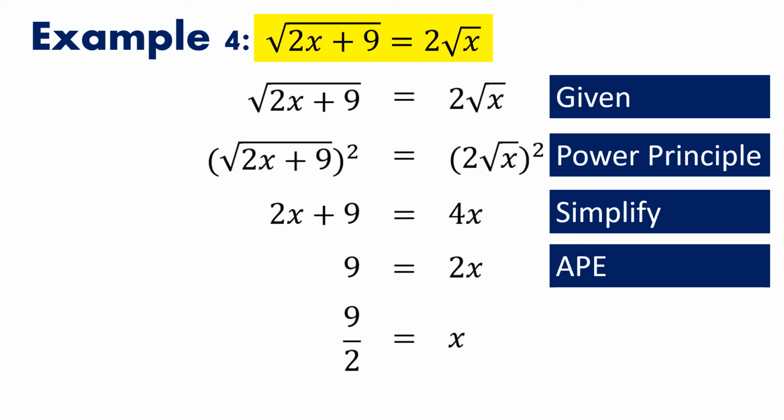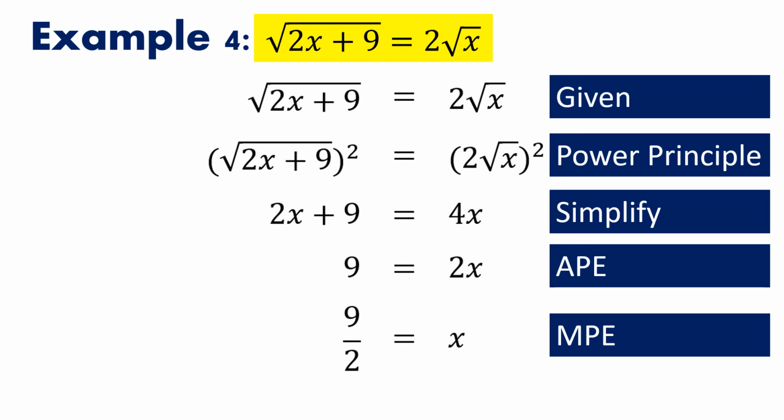We apply addition property of equality. We subtract 2x from both sides of the equation. We apply multiplication property of equality. We divide both sides of the equation by 2.